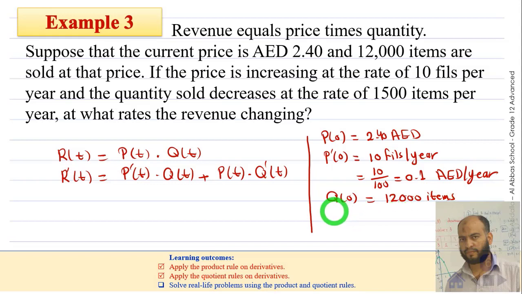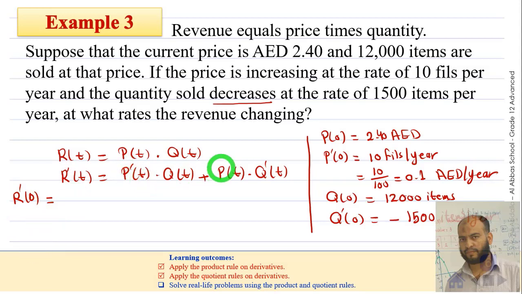And the rate of change of the quantity is Q'(0) equals, pay attention here, the quantity sold decreased, so the rate of change in quantity must be negative, negative 1,500 items per year.